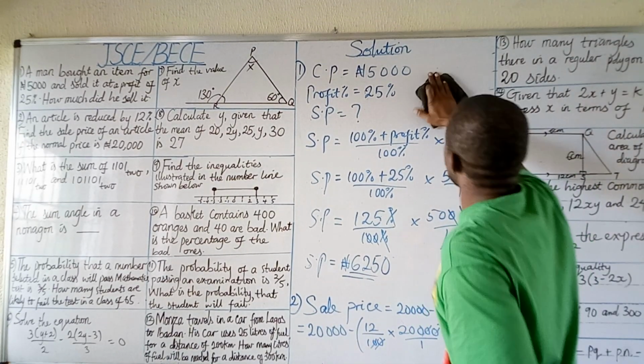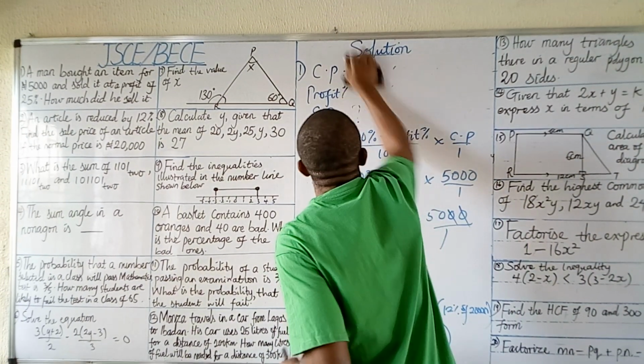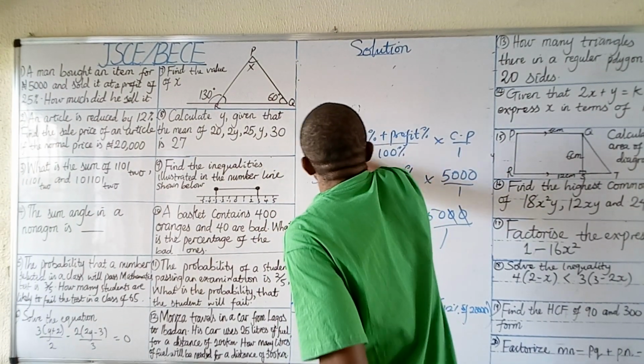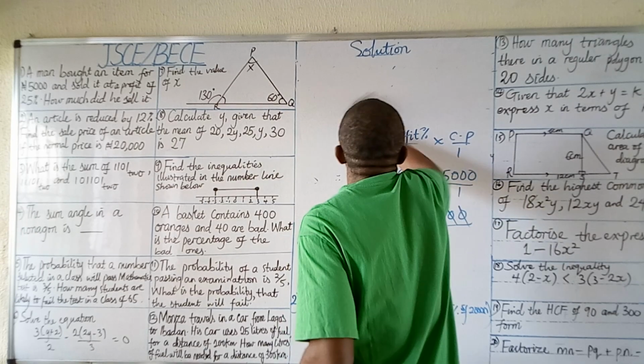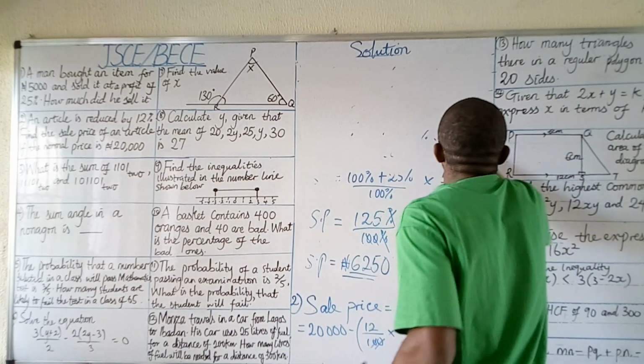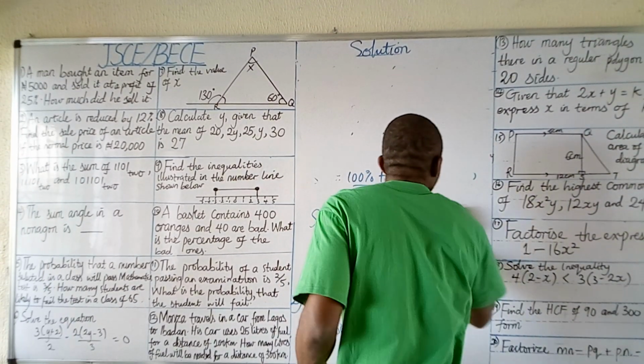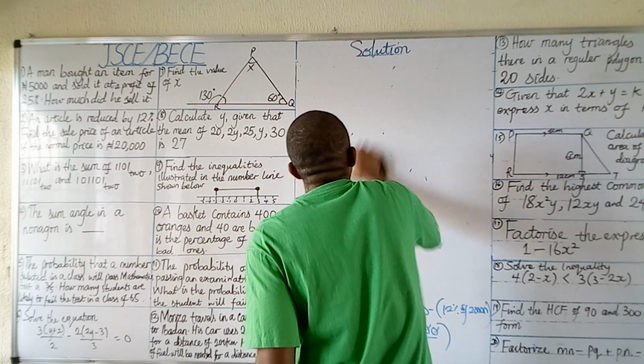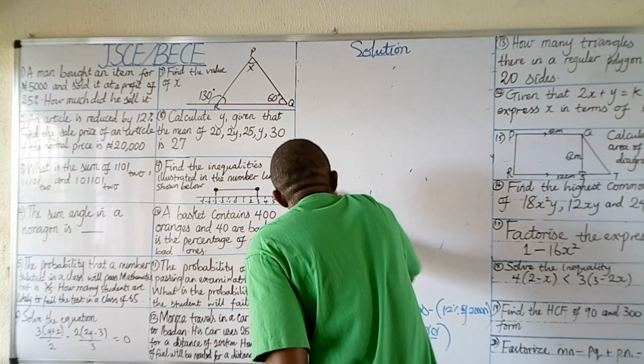Let's erase this part and continue the solving. So we can quickly do the multiplication over here.